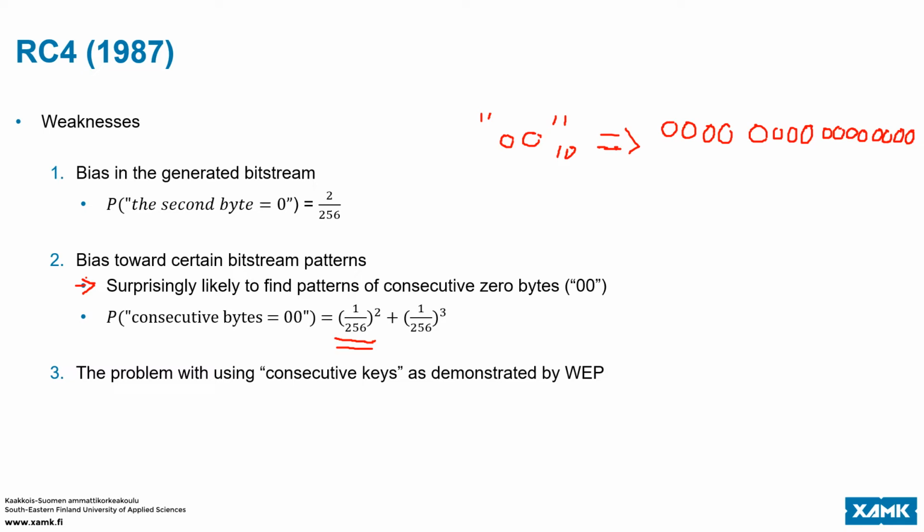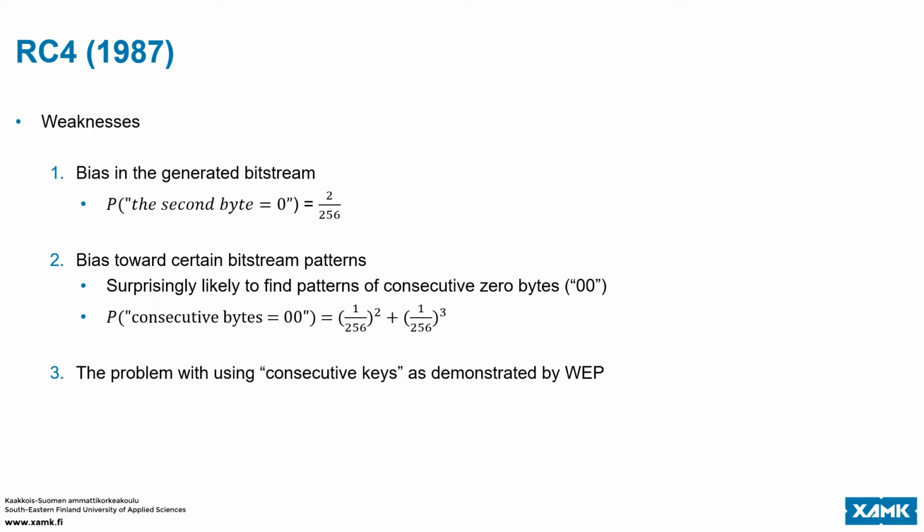And the bias that it exhibits is that there is another factor here, this 1 over 256 to the power of 3. This is how much more likely it is to produce those 2 consecutive 0 bytes.